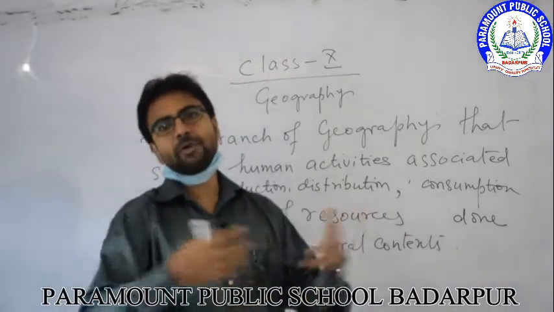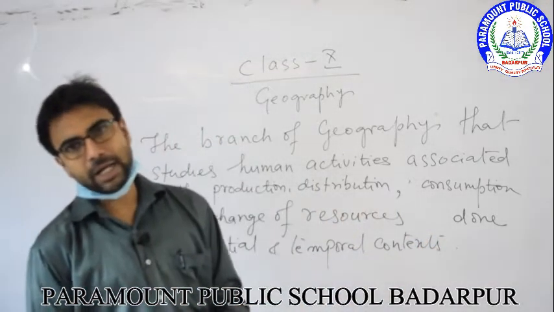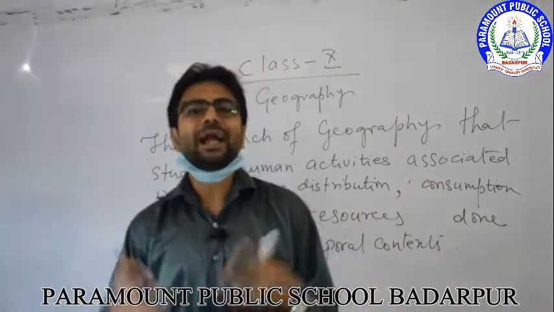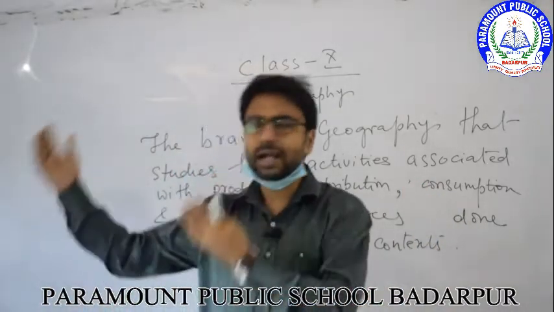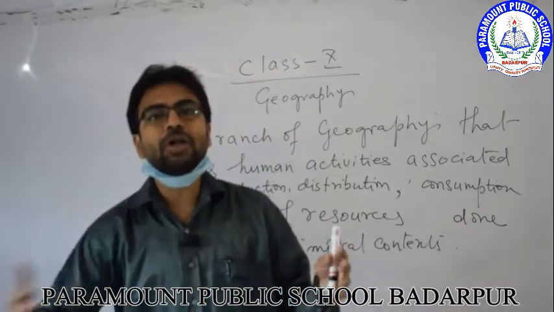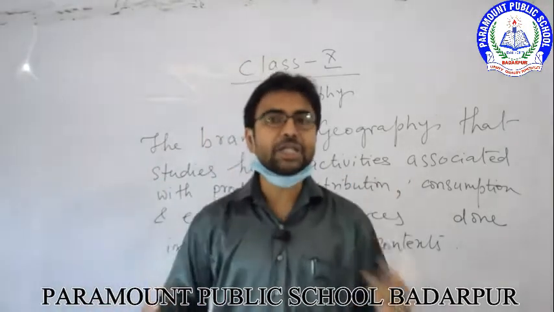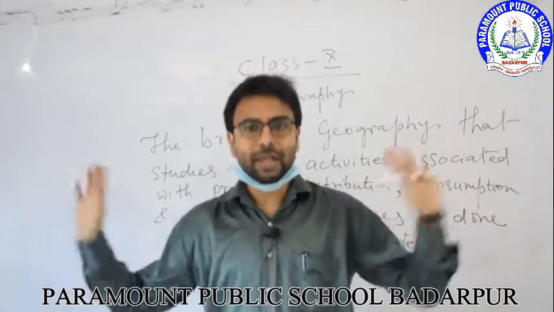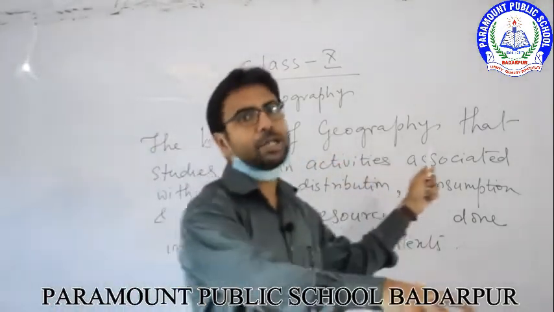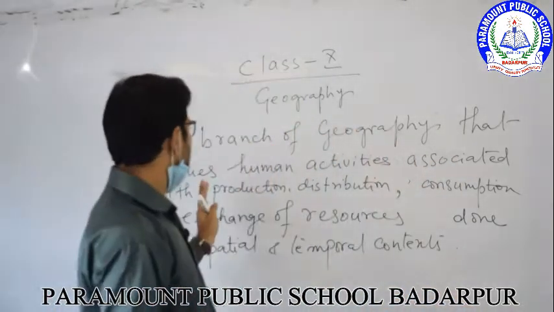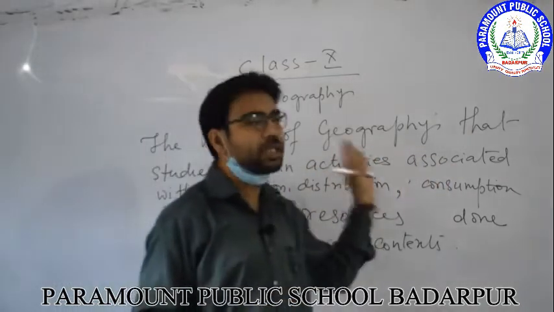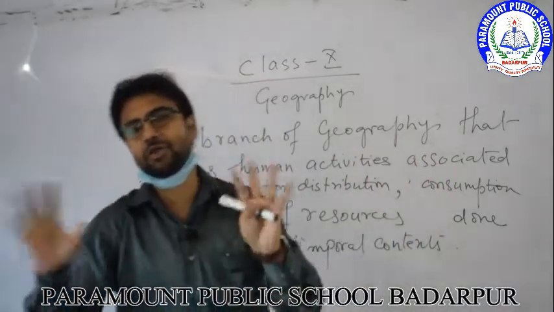How is it different from the general geography that we study? When you study geography, basically we study the landforms, where there are hills, what are plateaus, we learn about the rivers and oceans and glaciers. But economic geography is a specialized branch of geography where we study human activities associated with the production, distribution, consumption and exchange of resources.